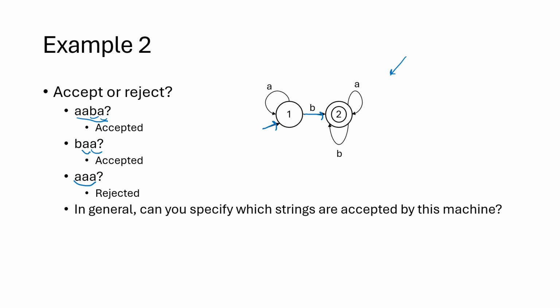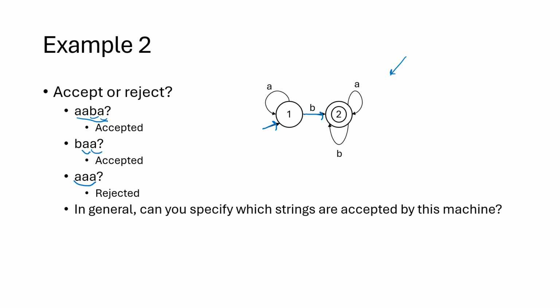So to get to state 2, which is what we want to end up at, our input must contain at least one B, right? It could be that it starts with no A's, immediately starts with a B, or it could be that it starts with one or more A's and then a B. In both cases, when we read the B, we move to state number 2.